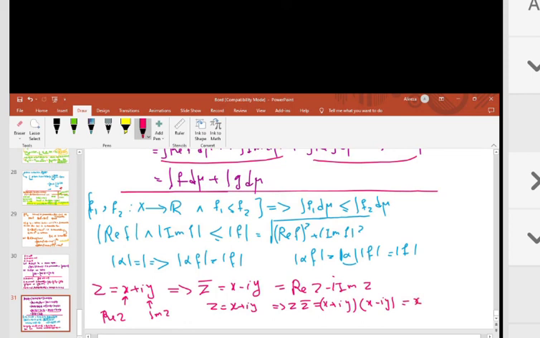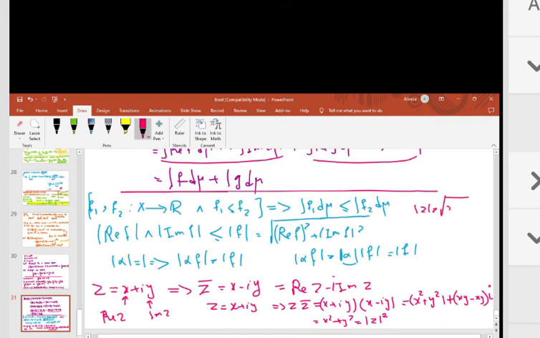This is equal to x to the power of 2 plus y to the power of 2, because this is minus, and the cross terms xy minus xy multiplied by i cancel, so that this is equal to x squared plus y squared, and this is equal to the absolute value of z to the power of 2, because the absolute value of z equals this radical.